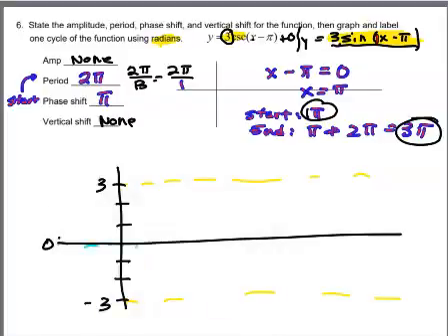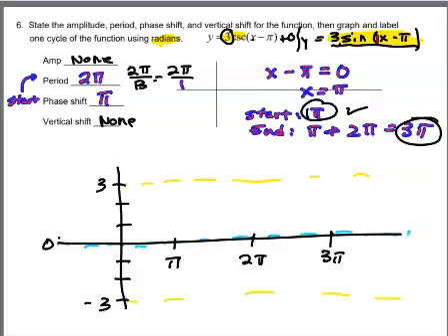We have kind of a midline here. We're going to start at pi, and let's say this is about 3 pi. That's not perfectly spaced, because if I put 2 pi in between, look at the difference between 1 pi and 2 pi. It looks a lot bigger. It's fine.